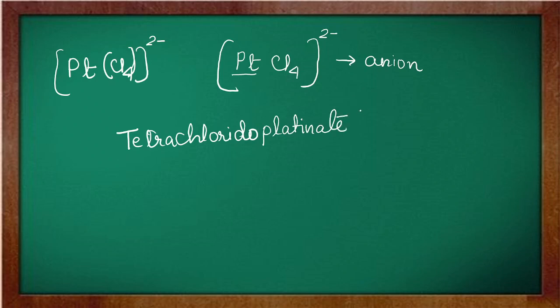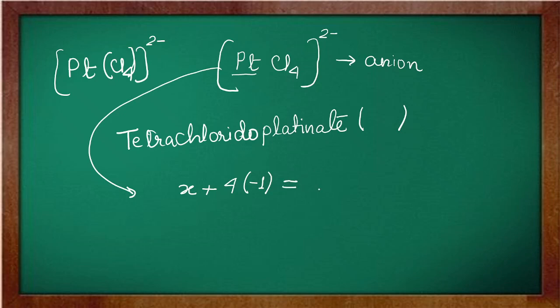Next comes your oxidation state. How to determine the oxidation state? Here the determination is a bit different. In the earlier case you put the value of the total molecule as 0. Here we have to determine the oxidation state of platinum, so we take it as X, plus how many chlorines are there? 4. One chlorine has a -1 charge, so 4 into -1. Now equal to, here in the previous cases we were writing the value carried by the total molecule.